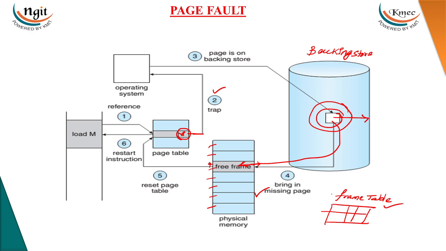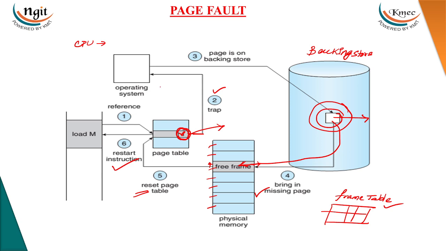Once you change these details, you need to restart the instruction. Now the page that has been referenced is present in the main memory, and it will generate the physical address, and the page will be accessed.